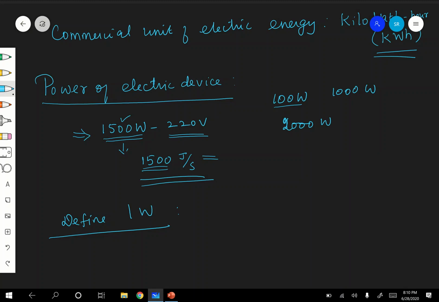Therefore, 1 watt means 1 joule per second.